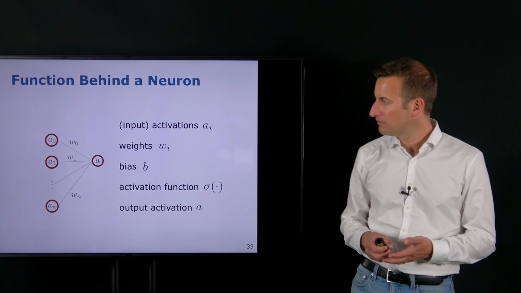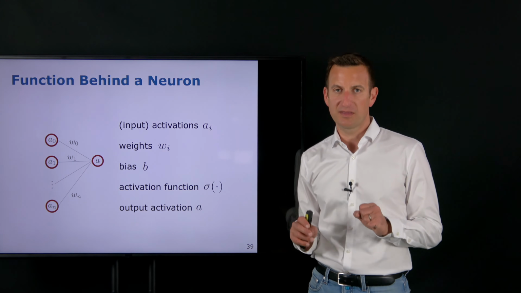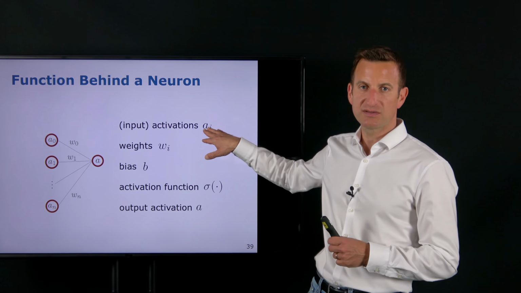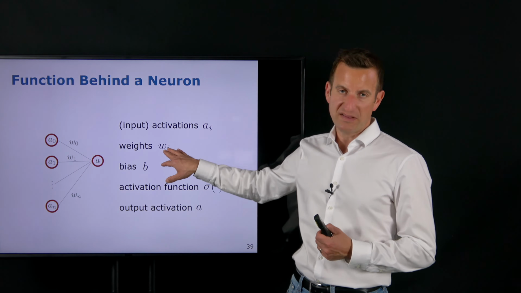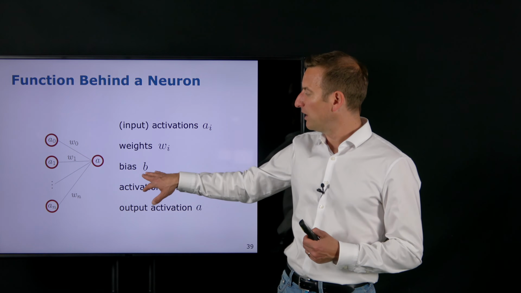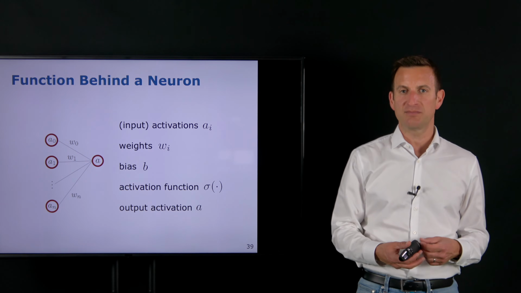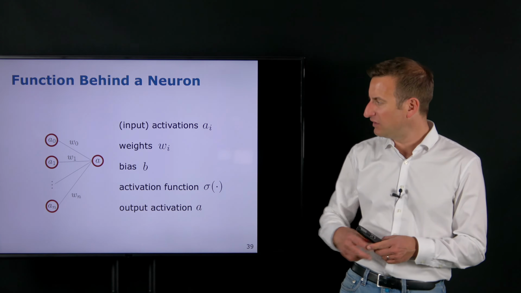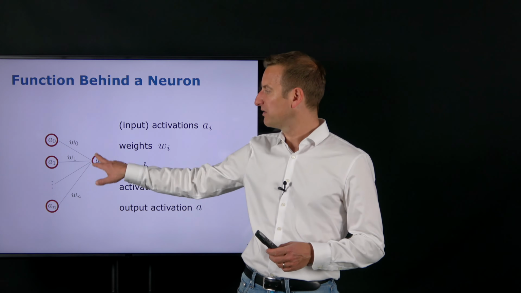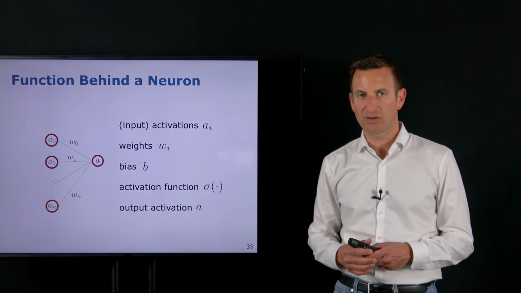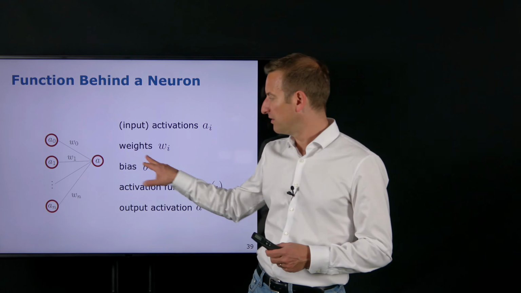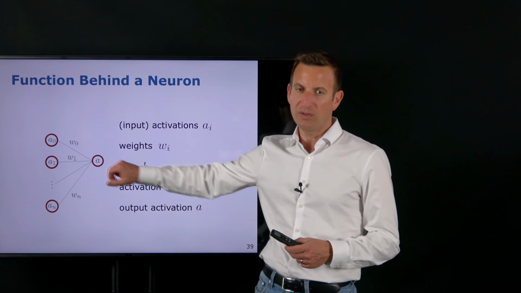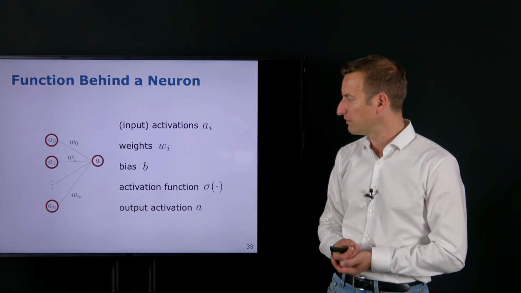And for that, it uses different things. It uses the input activations, as just said, and the weights that we introduced before. Then we have a bias, or so-called activation bias, which tells us how easy it is to generate an activation in that network. So basically, this value tells us how easily that neuron will be switched on or off.